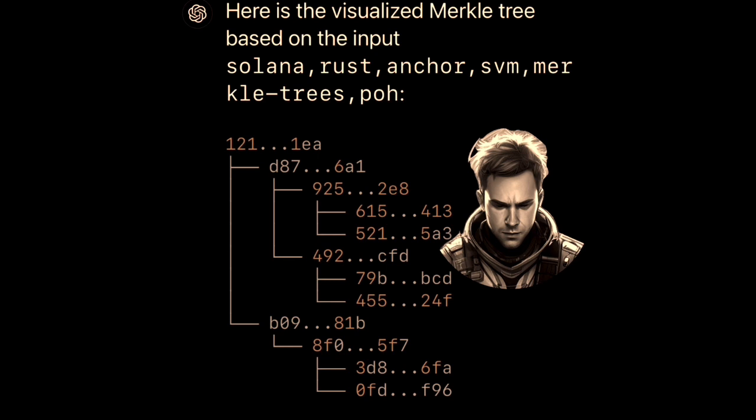The reason to do all that is that should you insert any word into this sort of program, you can immediately prove, without looking at any other words, whether this word, like Rust or Anchor or SVM, belongs to the Merkle root hash on the very top, 1-to-1 1EA.